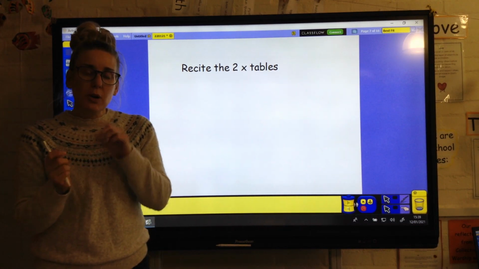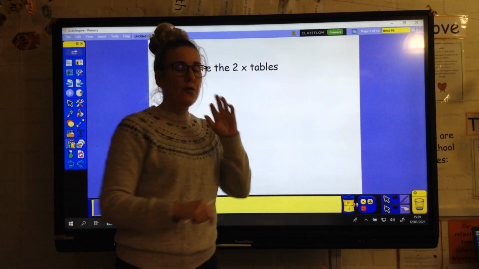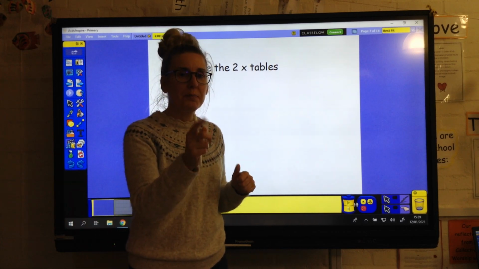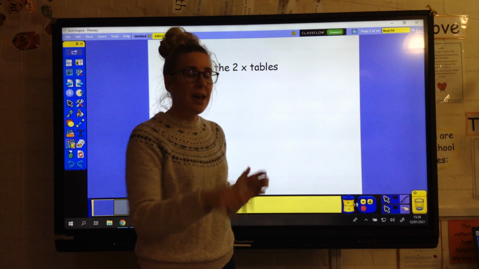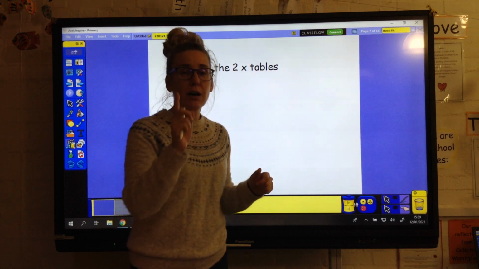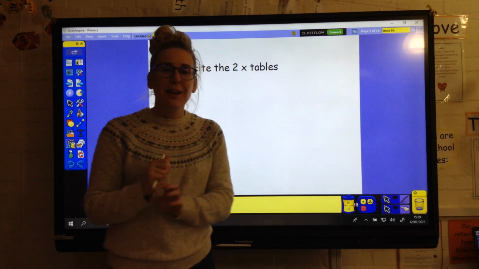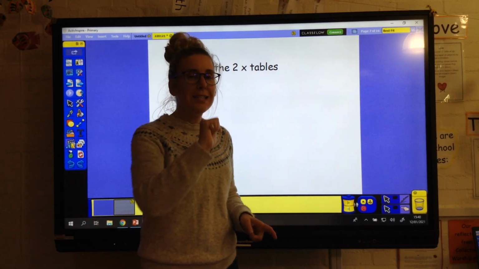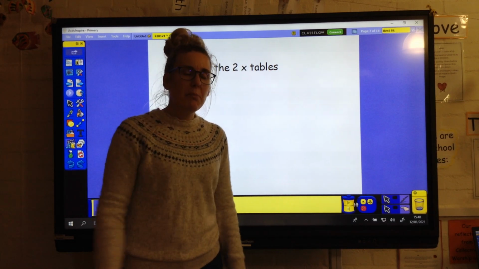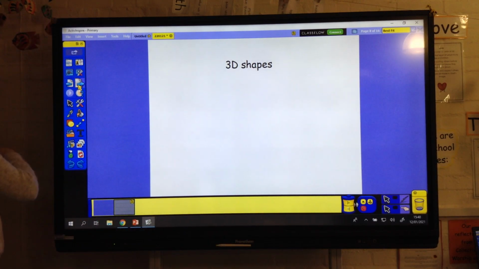And remember, when we say them, 1 2 is 2, 2 2s are 4, 3 2s are 6, 4 2s are 8, 5 2s are 10, 6 2s are 12, 7 2s are 14, 8 2s are 16, 9 2s are 18, and 10 2s are 20. Have a go at reciting them through, then maybe have a quick fire little test with somebody, see if you can remind yourselves of all of those.